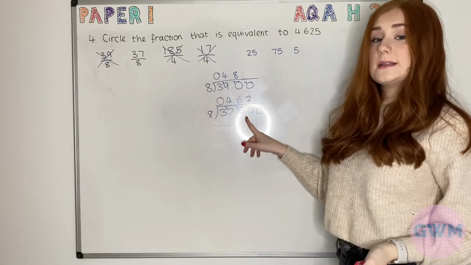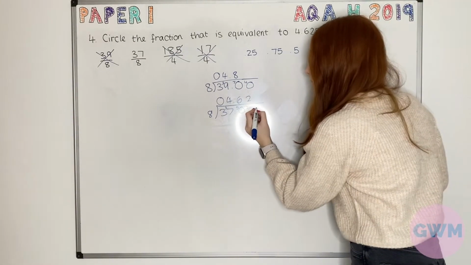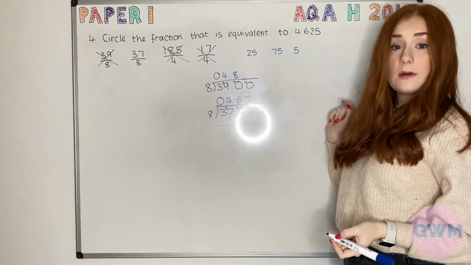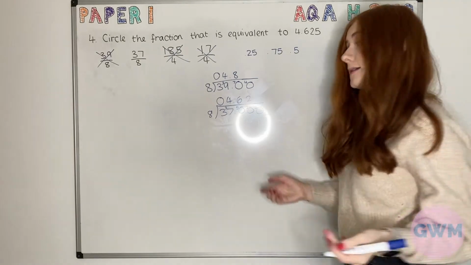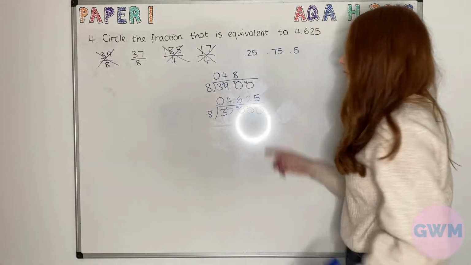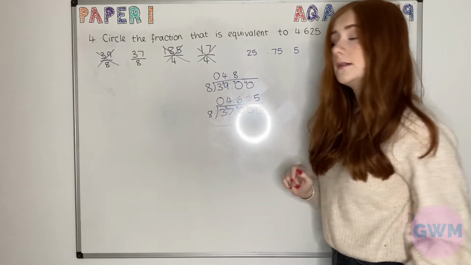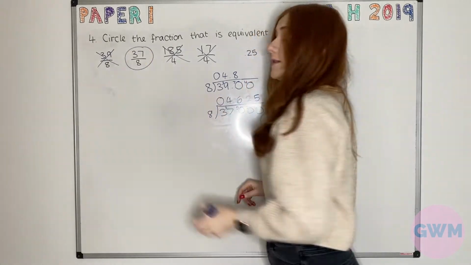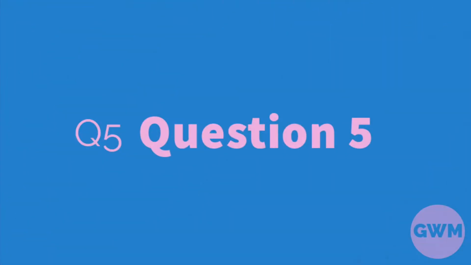The remainder between 16 and 20 is a 4. 8 into 40, well, 40 is divisible by 8, and it gives us a 5, which is our answer. Therefore, the answer is 37 over 8.